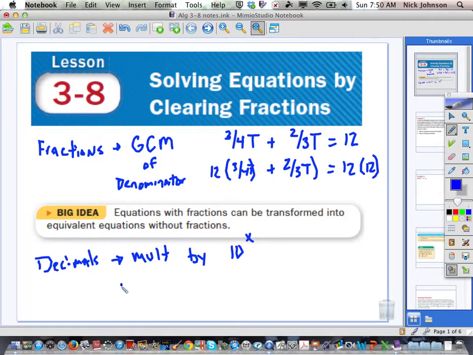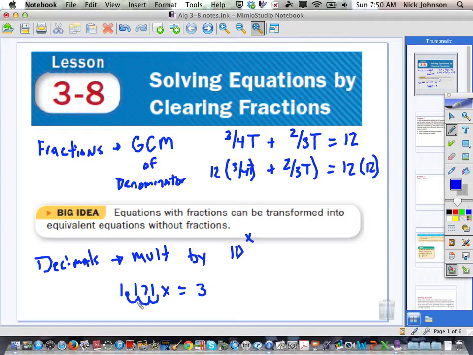So for instance, 1.171x equals 3. To make this problem easier, I could move this decimal 1, 2, 3 units, so it says 1,171x. But whatever I do to one side, I have to do to the other side.